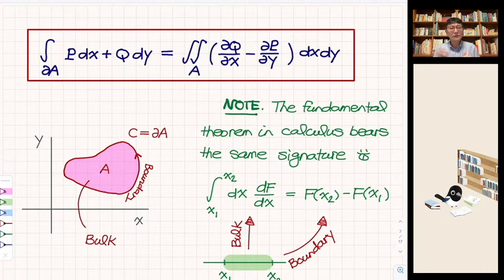It doesn't matter what the values of P(x,y) and Q(x,y) are at any other position other than on the contour C. On the other hand, if you take dQ/dx minus dP/dy and perform the area integral, that's a bulk integral. You need to evaluate these values all over the area and then perform the integration.